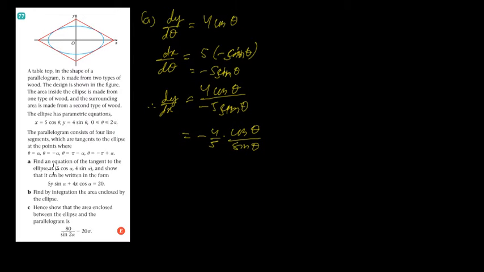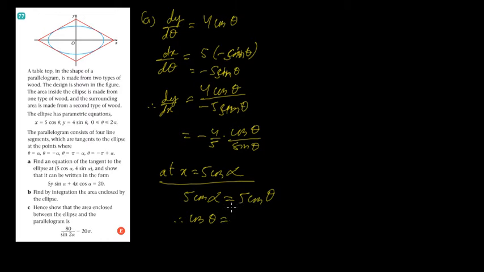Okay, so the point that they are giving, this is a Cartesian point, by the way. Every time they give a point, it's a Cartesian point. So at x equals 5 cos alpha, 5 cos alpha equals 5 cos theta. Therefore cos theta equals cos alpha.